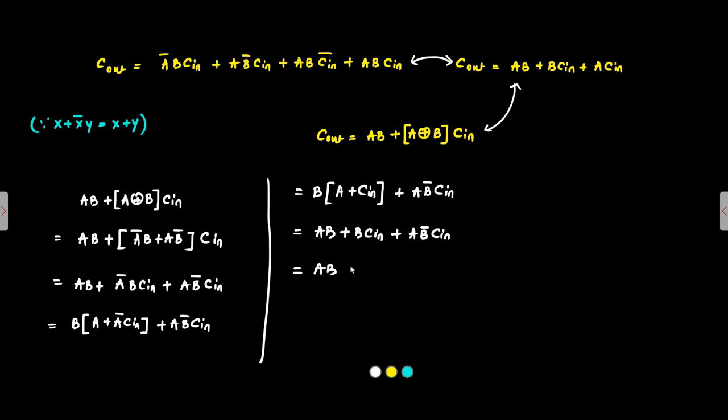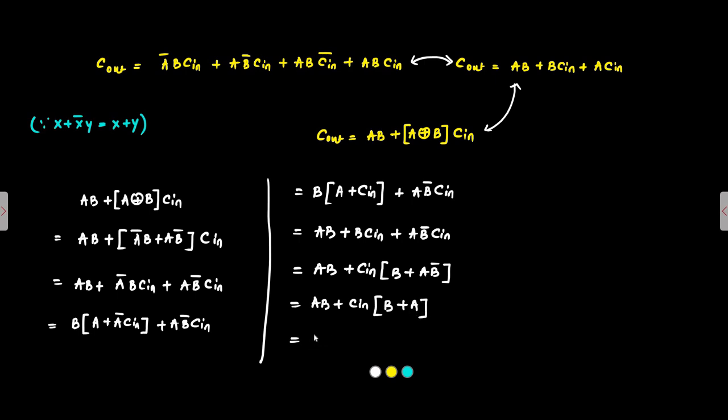So AB or C in into B or A B bar. Okay. Now here again we can apply this rule, x or x bar y. So here B or B bar A. So here it will become AB or C in into B or A.